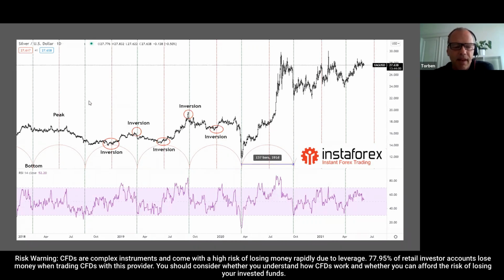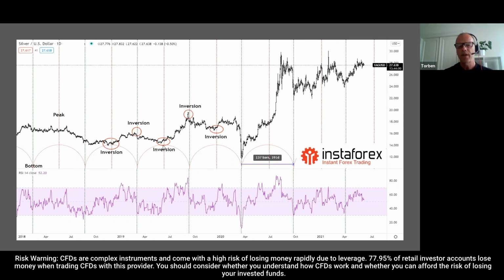Okay, and as you can see here, this should be a bottom, this should be a top, but here we have a bottom at the middle, and we have a top here when it should be a bottom. So those are called inversions.